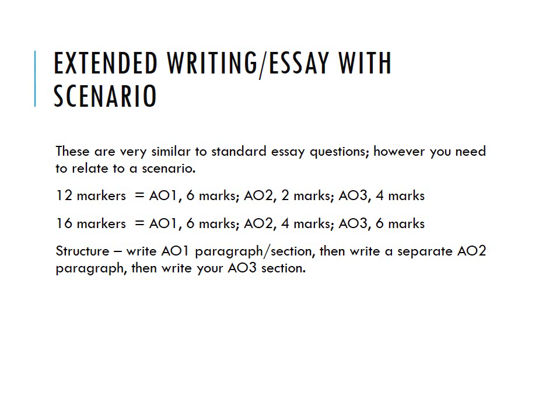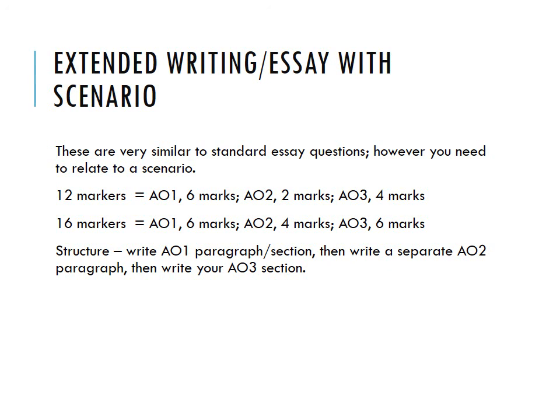Also, by separating them into paragraphs, you are making it crystal clear to the examiner that you are moving on to a separate assessment objective. Examiners are busy people who are not being paid an awful lot of money for the amount of exams they have to mark. Make it easy for them to see that you are meeting AO1 and AO2.